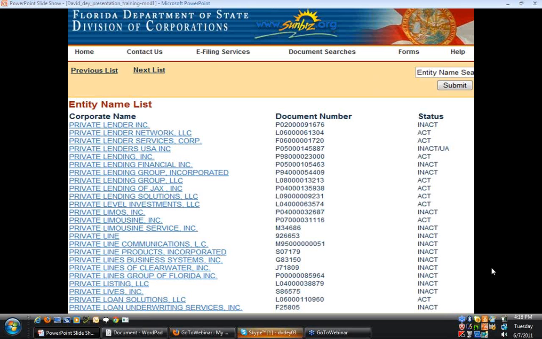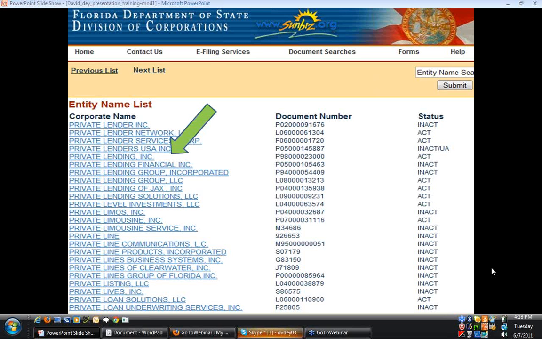No. Same thing here. This is an actual business with the purpose of doing private lending. And as a result, you can absolutely call them and you can absolutely start pitching deals from day one. But keep in mind, it's still about the relationship. It's still about the security.